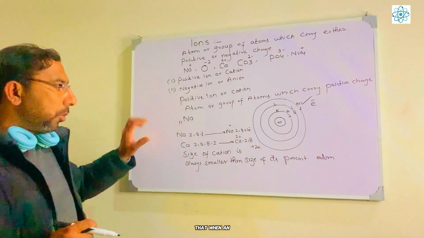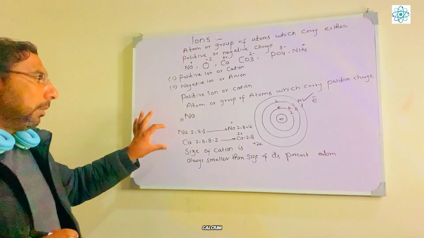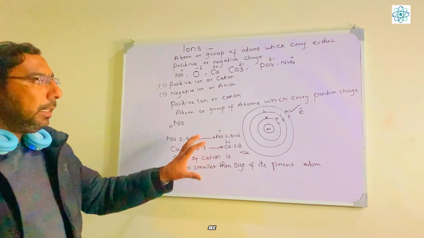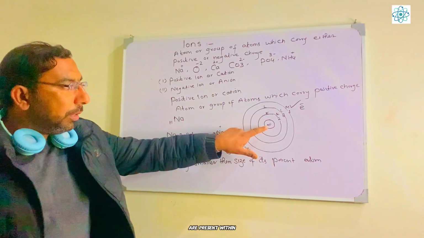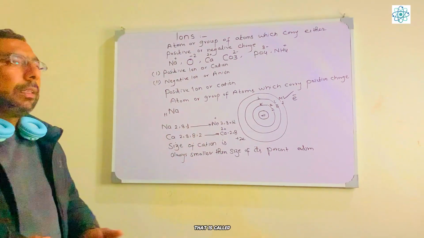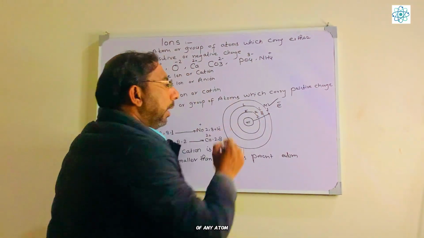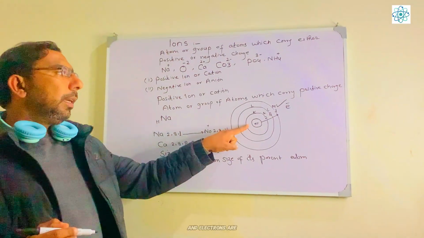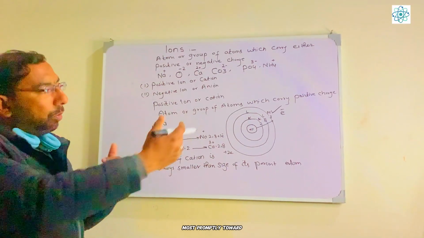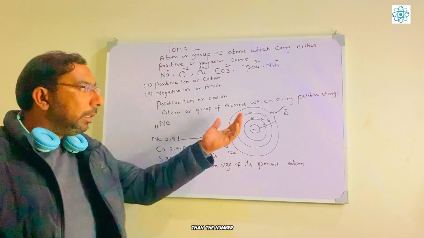When an atom loses electrons, like sodium or calcium in our example, the number of protons stays the same while the number of electrons decreases. The protons are present within the nucleus, and the nucleus attracts the electrons toward itself with a force called nuclear attraction. When we remove electrons from the outermost shell, the nucleus attracts the remaining electrons more strongly, because the nucleus has more protons than the number of electrons.